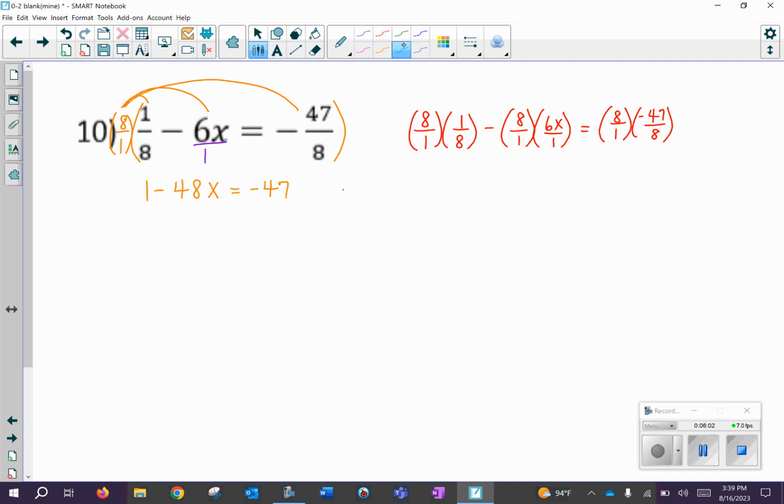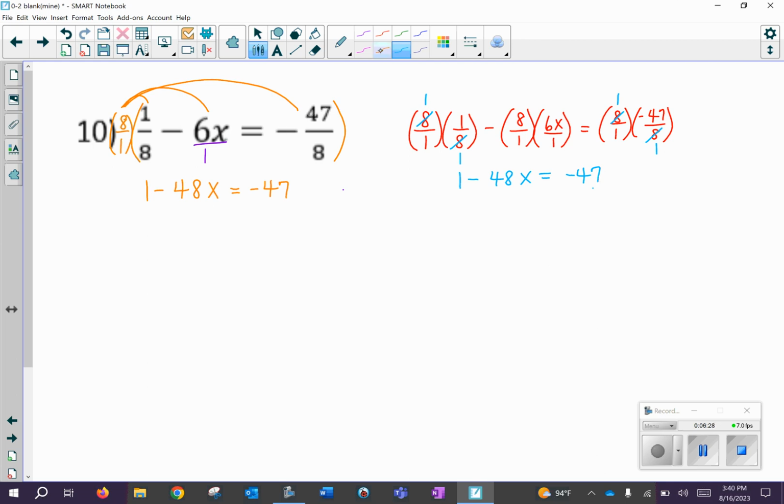Quickly, just to show you the same step, you would say 8 goes into 8 once, into 8 once, 1 over 1 times 1 over 1, 1. Minus 8 times 6x is 48x. And over here, 8 into 8 once, 8 into 8 once, and 1 times negative 47, negative 47. Okay, so you go with whichever works for you.